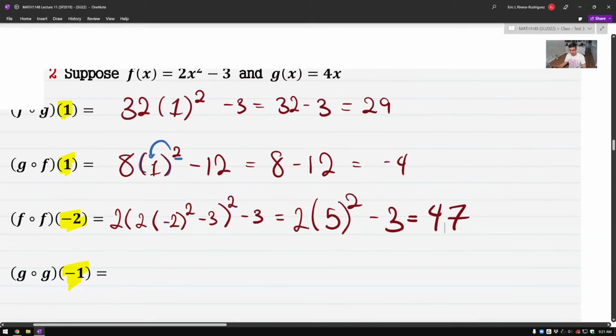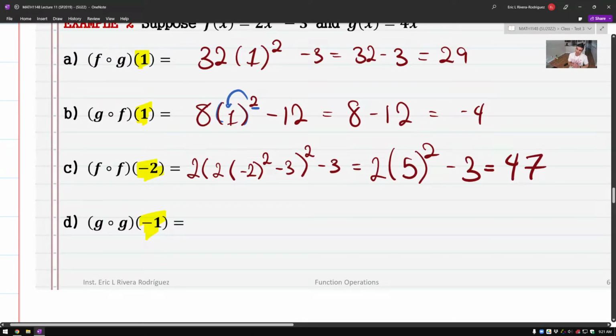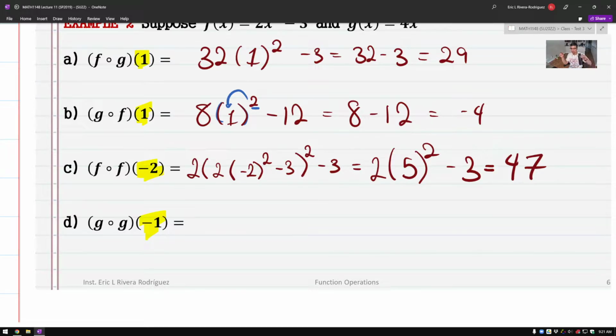I will give you a minute to check your calculation with item number C. Let me know if you have questions. Okay, no questions here?